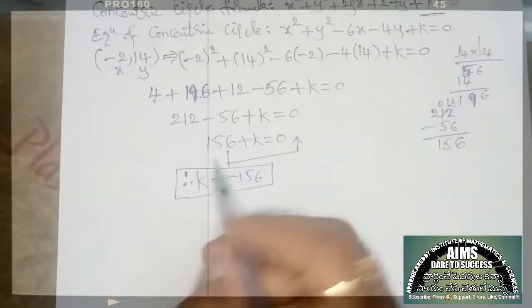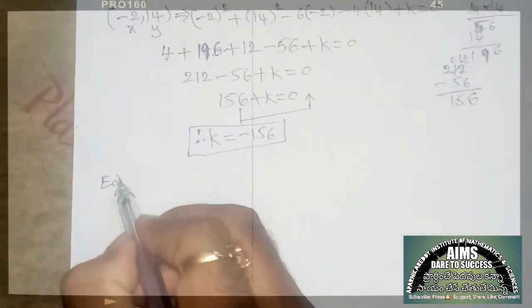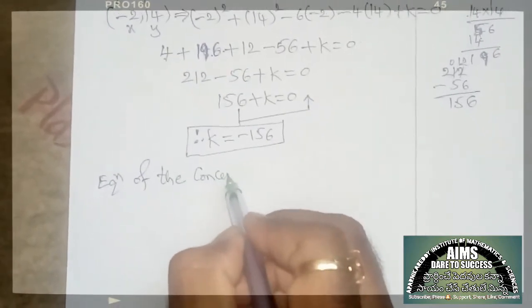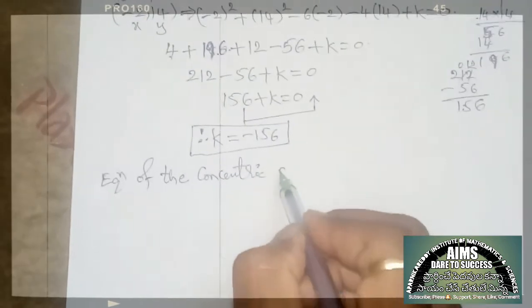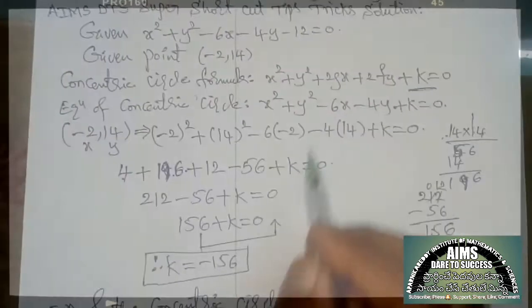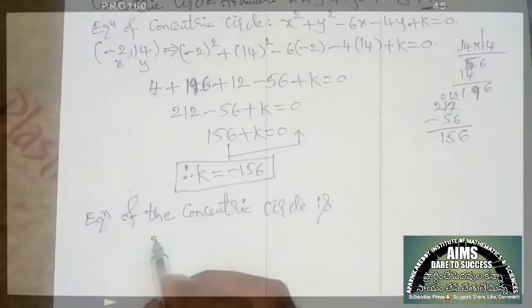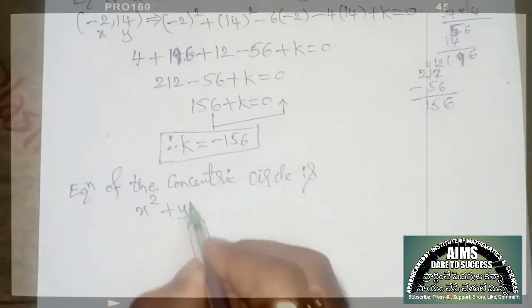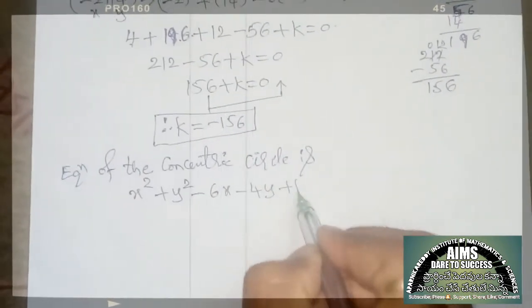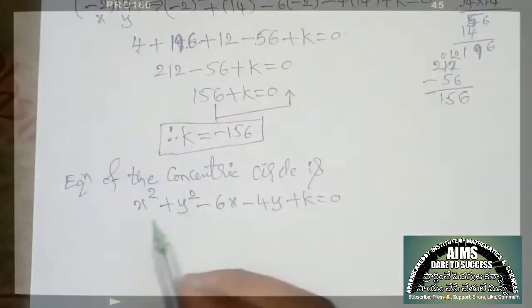We got the k value. Now I am substituting it in the equation of the concentric circle. So what is the equation of the concentric circle according to the given question? x square plus y square minus 6x minus 4y plus k is equal to 0. The k value is minus 156.